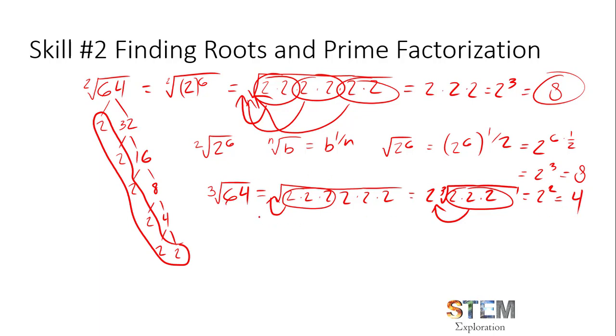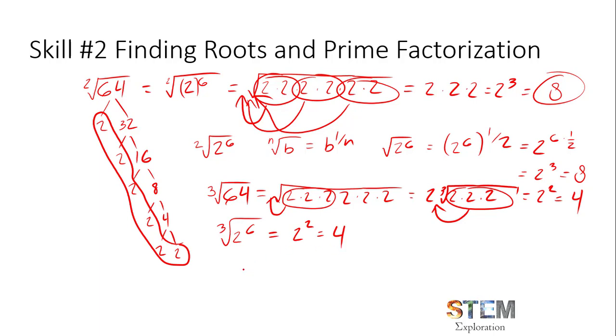And again, the same situation could apply here, where if you go 2 to the 6th power to the 3rd root, we can just simply go 6 and divide it by the 3 and know that 2 squared is what gets pulled out, and that equals 4. So you can do that as well.